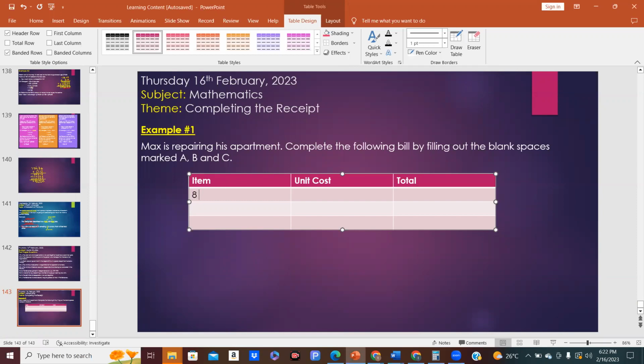So let's say that he got 8 sheets of plywood. Let's say here he got 3 cans of paint.